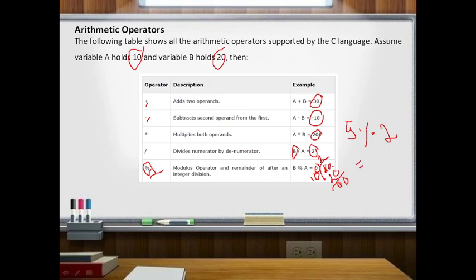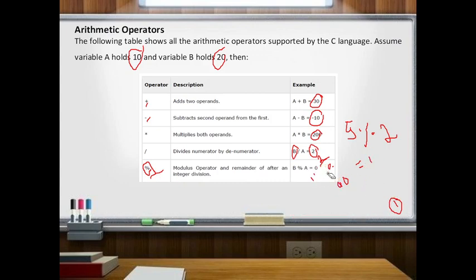Yes, the result will be 1, because 5 divided by 2, 2 twos are 4, so the remainder will be 1. So this modulus operator returns the remainder.